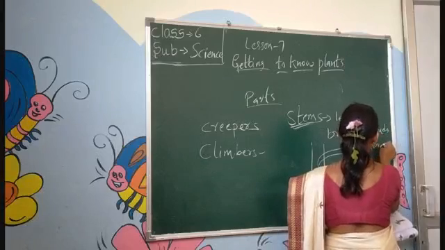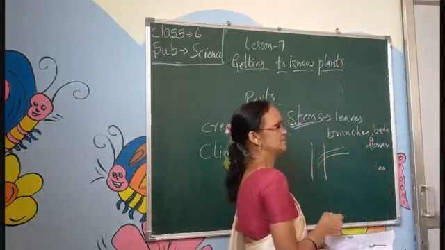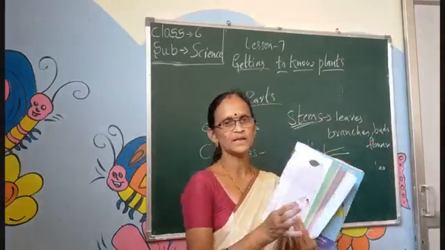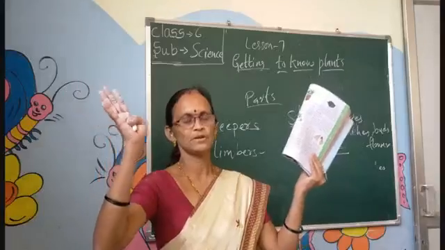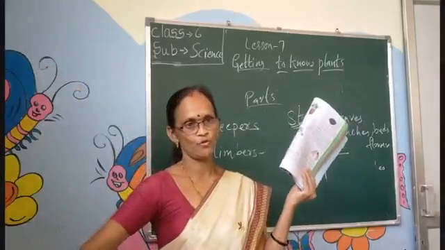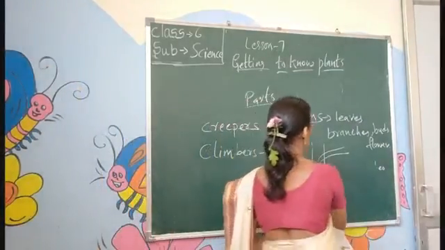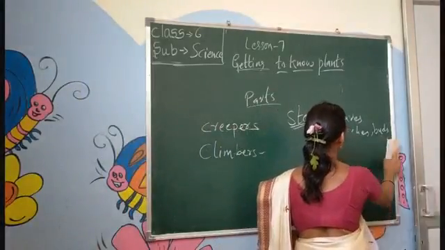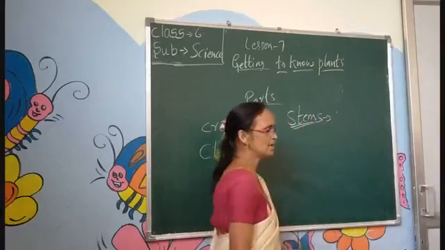The main part of the plant is the stem. With the help of branches the plant is growing to a wider region, and it is also bearing buds and flowers. That is about the stems.